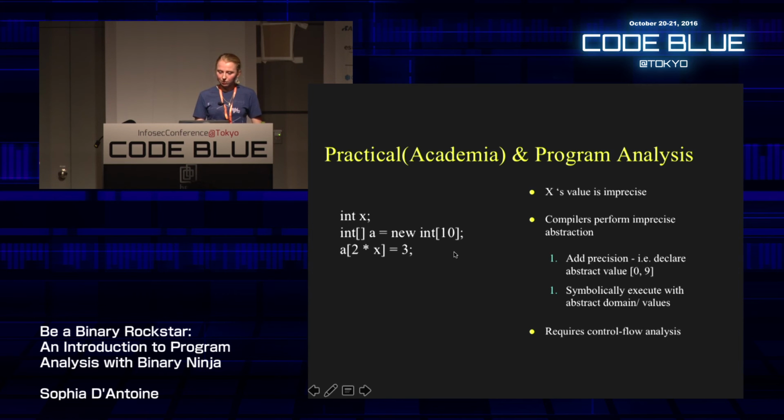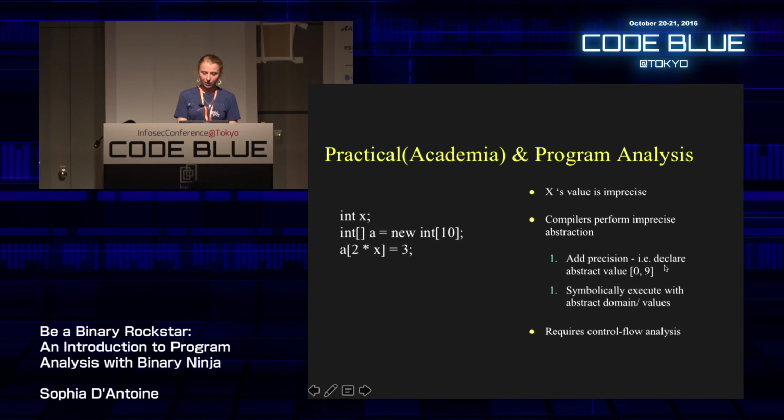So one thing we can do to solve this problem, because x is imprecise, is determine a small range for x. So let's say we know x is an integer. We know that if it's an 8-bit integer, it can only be from 0 to 255. And if it's signed or unsigned, that gives us more information about the potential bounds of that variable.